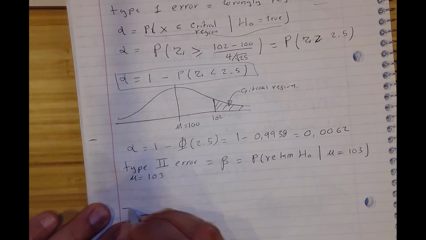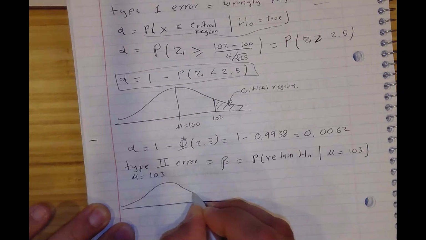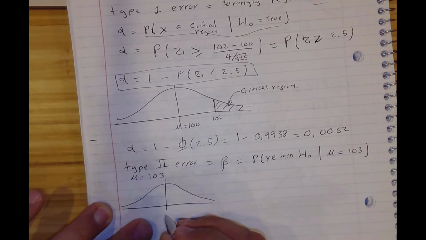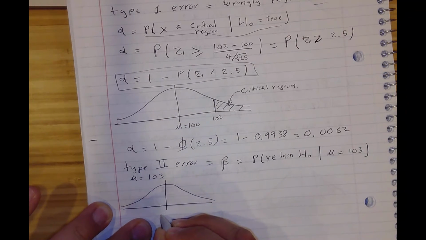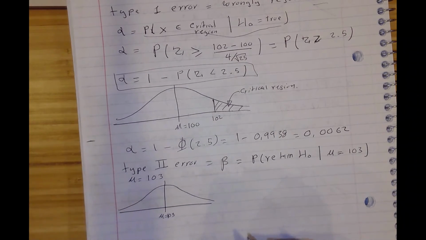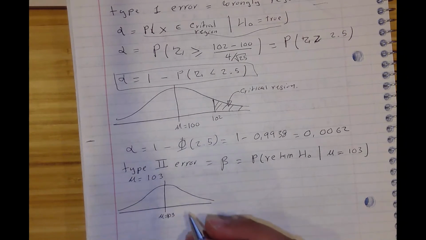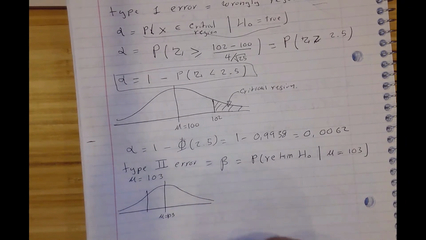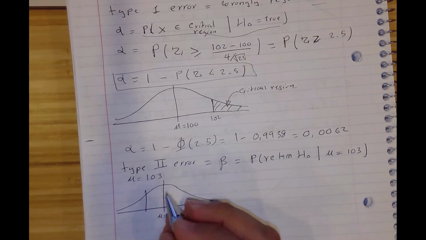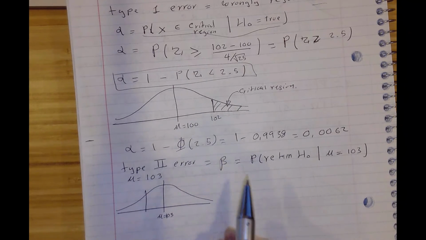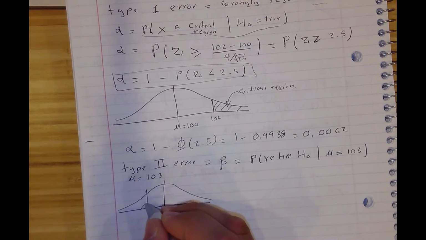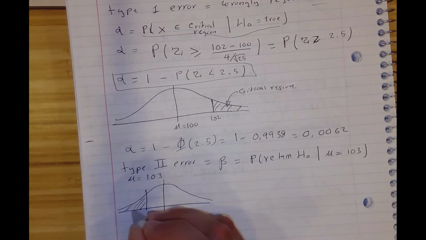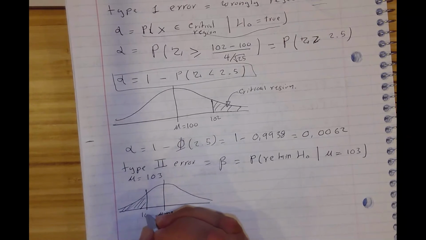Then if we plot the population distribution where the mean is 103, I am looking here to get all these random samples that fall in this region, 102.